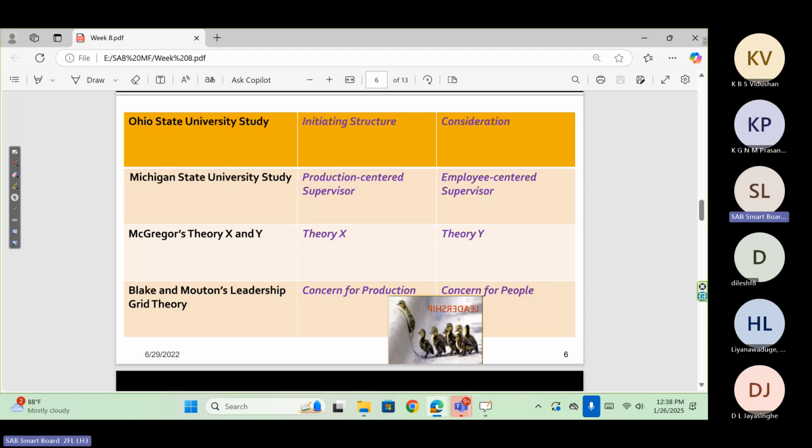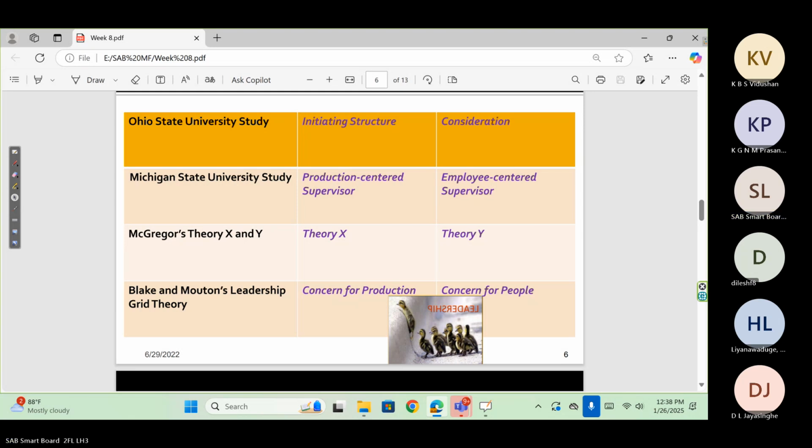Then these two words found by the two research groups involve getting tasks done from followers, that orientation, task orientation. Any leader, any manager should give a primary focus to getting the task done.